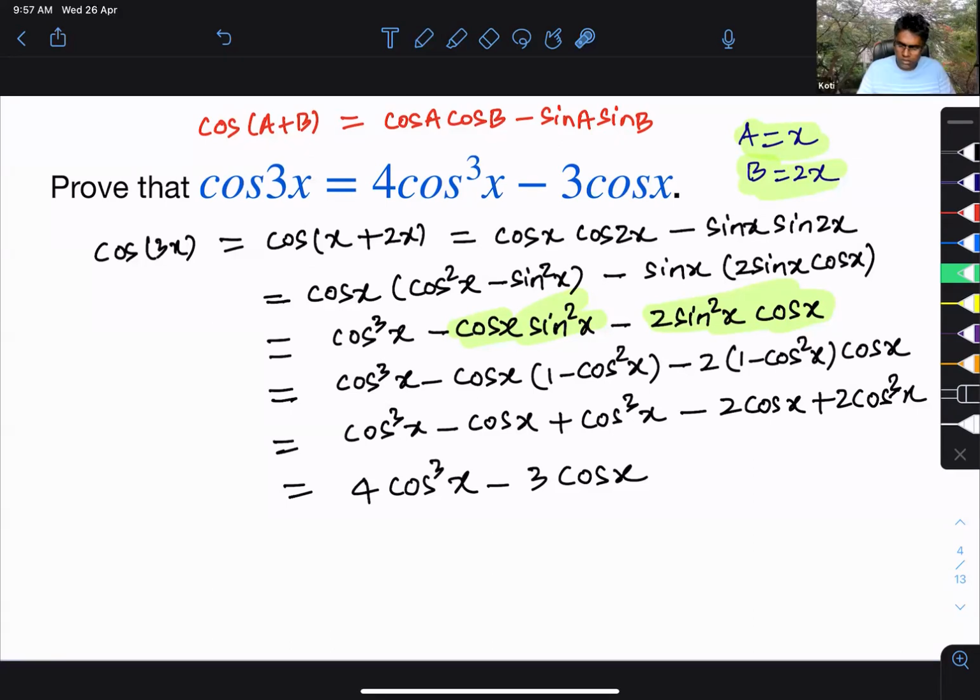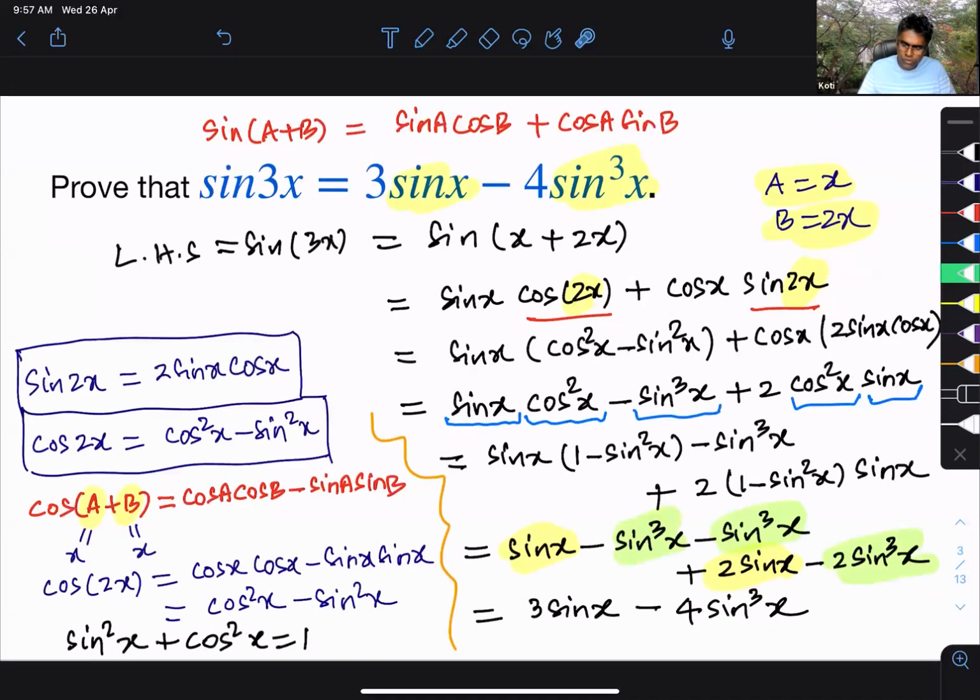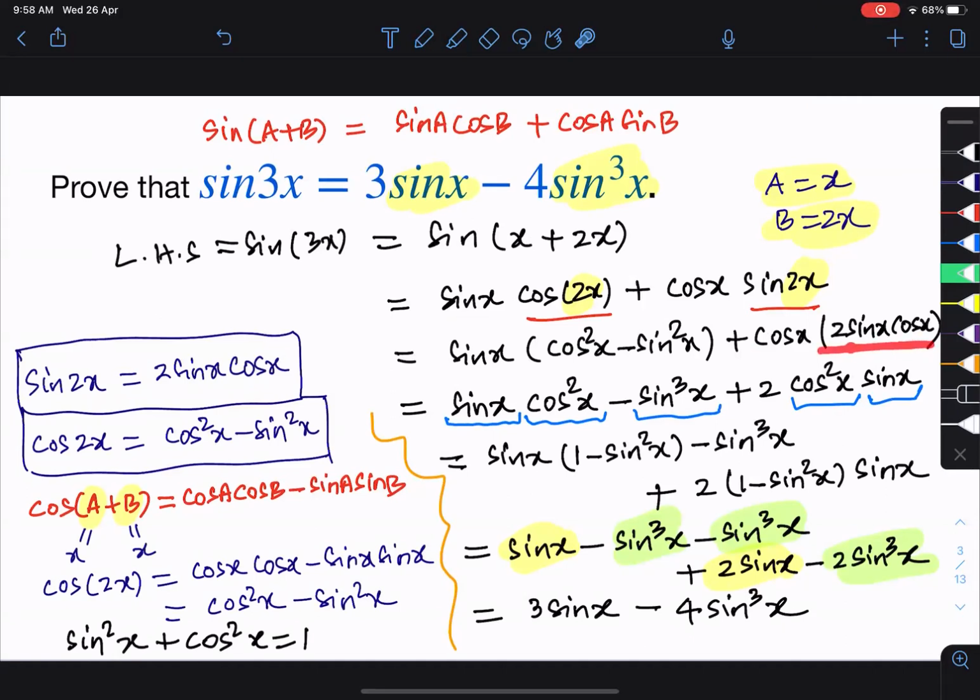Okay, you mean here, in the second step, cos 2x, where 2x is in the brackets, right? Oh, okay. 2x is in the bracket.